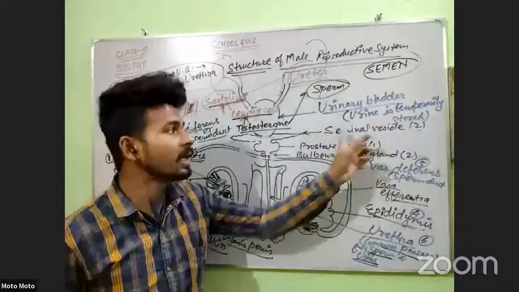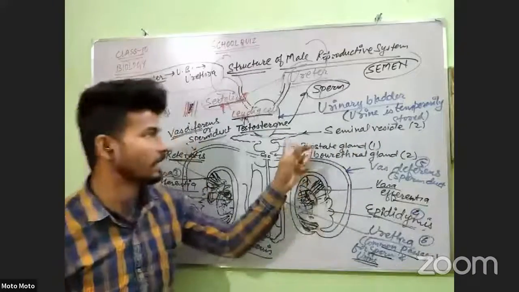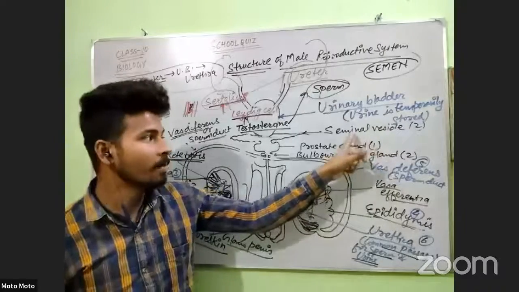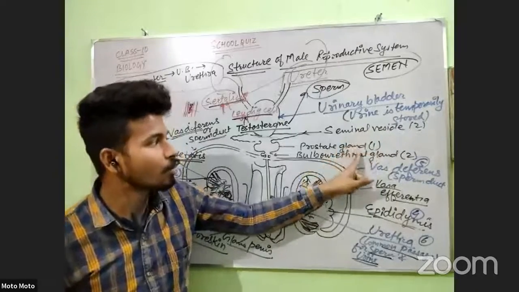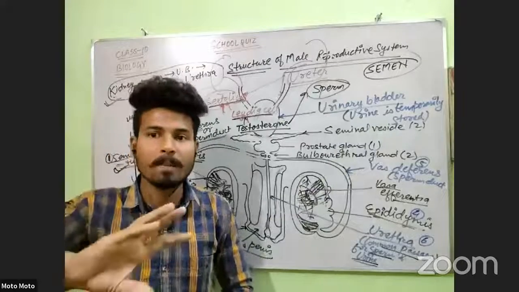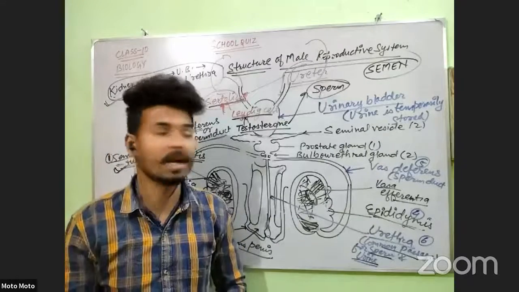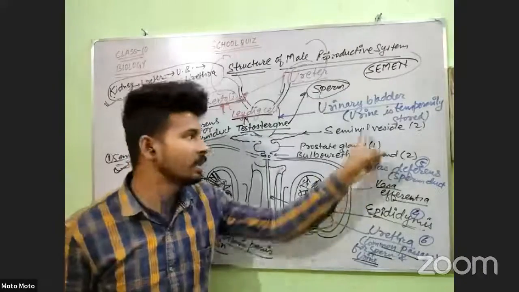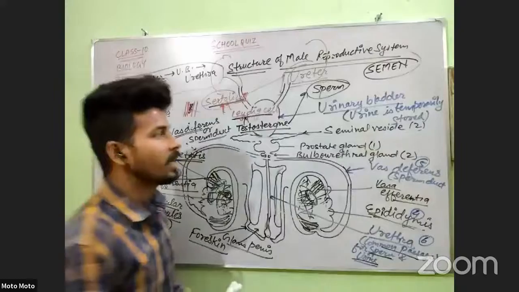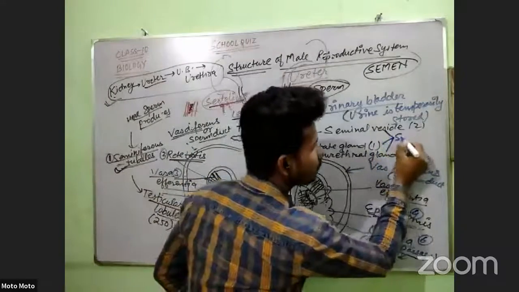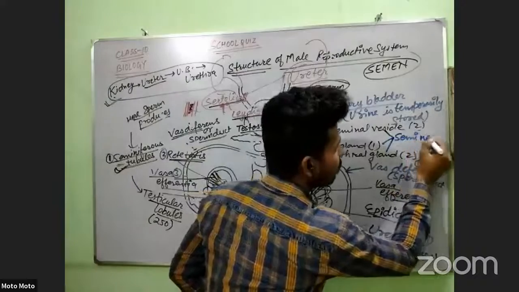Seminal vesicle is the gland. I haven't asked that question, but the seminal vesicle, prostate gland, and bulbourethral gland, these three glands work in a combining way and produce a liquid that is known as seminal plasma.